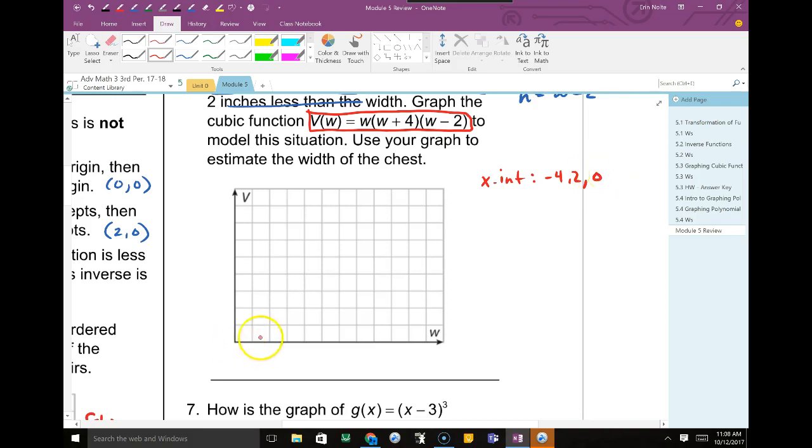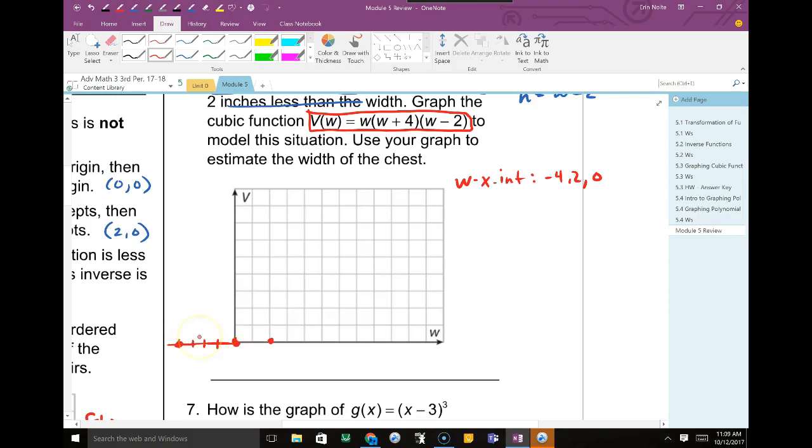Okay, so why do you think that they don't go to the left? Oh yeah, that would make sense. Or technically a negative width, because our w's are technically our x's in this case. So we could extend it if it helps you think visually of how this looks. So we have 0, we have 2, and we have -4.